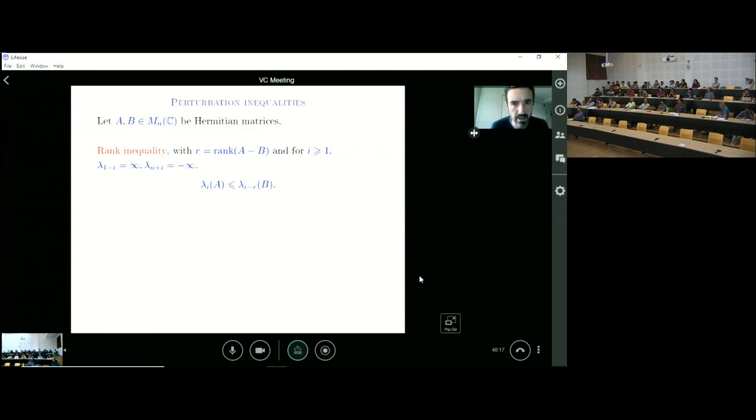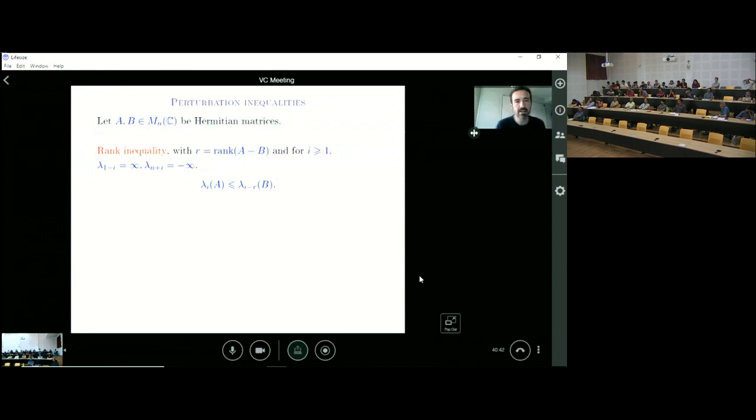I will just mention two inequalities. If you have two Hermitian matrices A and B, and the rank of their difference is r, then the eigenvalues are interlaced with a shift of r indices.